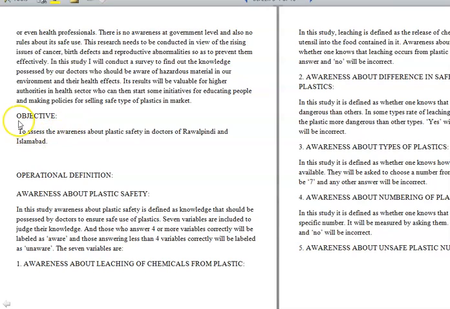Now after the introduction, you can see the objective and then the operational definition part.